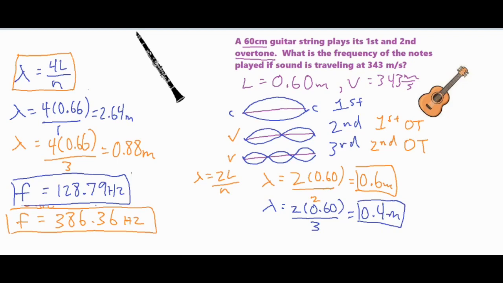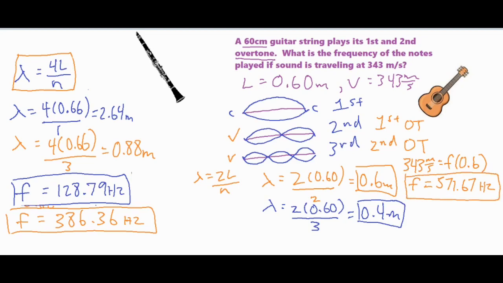Now from there, it's all pretty similar to the previous one. So we have 343 meters per second equals frequency times 0.6. Divide both sides by 0.6, and we have a frequency of 571.67 hertz.